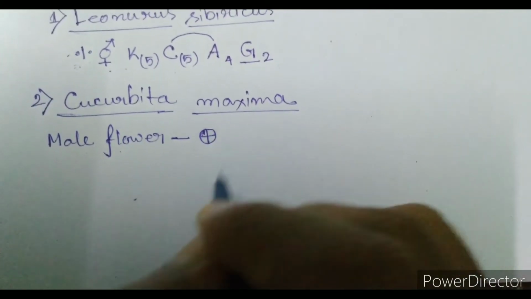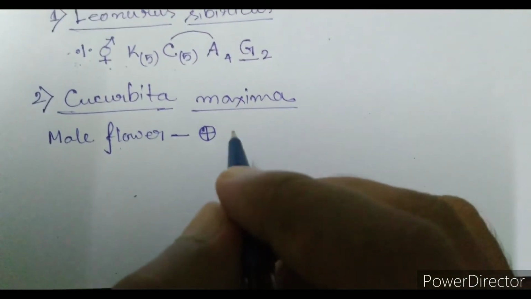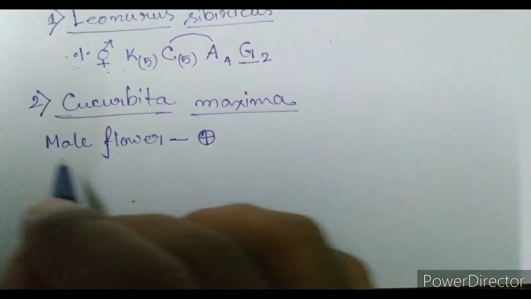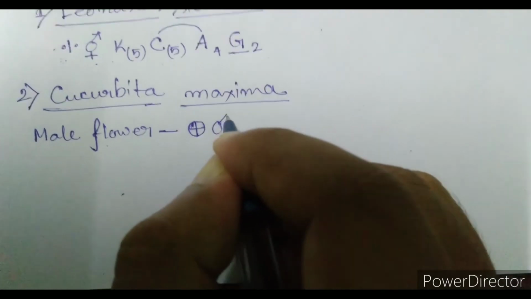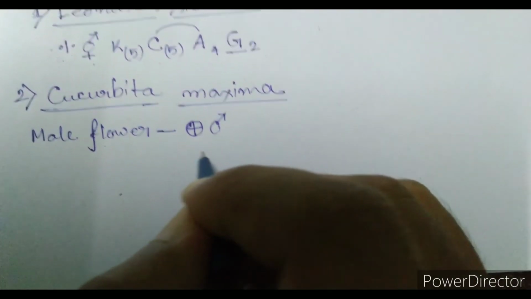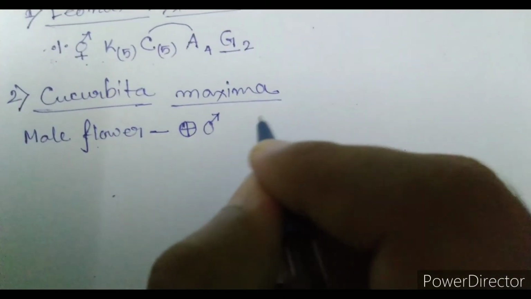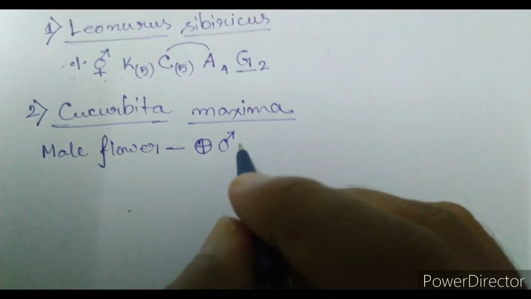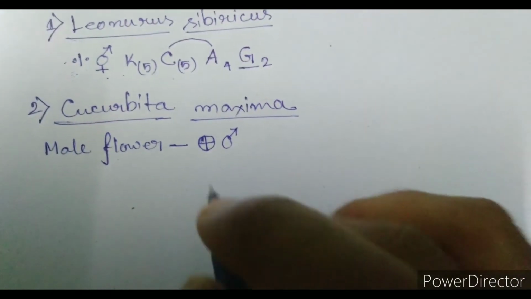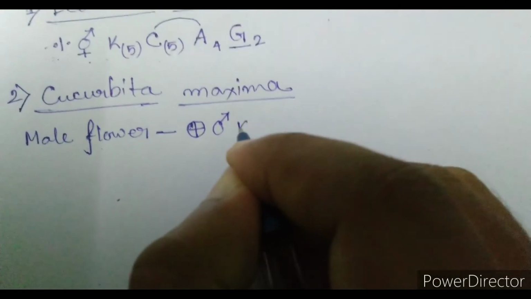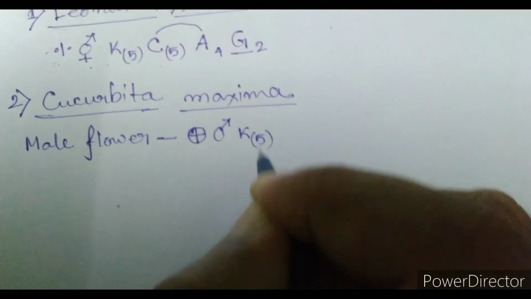And the symbol looks like this. So this is actinomorphic. We already told you that this flower is a male flower, means this is unisexual. So the sign of male is this. Then we check calyx, corolla, androecium and gynoecium. First of all, the calyx is 5 and they are united.